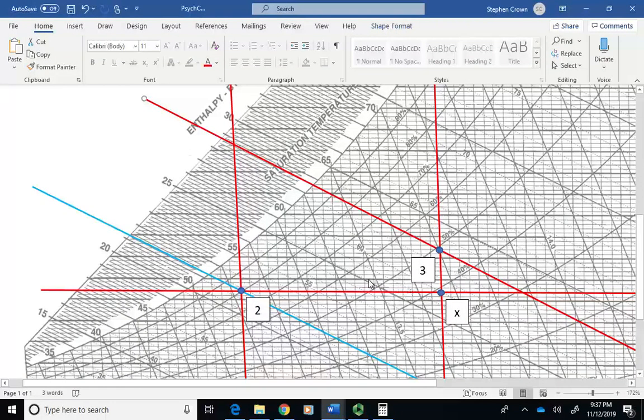And that ratio of sensible, this enthalpy change, divided by the total enthalpy change, which would be from 2 to 3, is called the sensible heat factor. And I think that's asked for in this problem. So now I also want the enthalpy of that. And I would say that's 26.4.